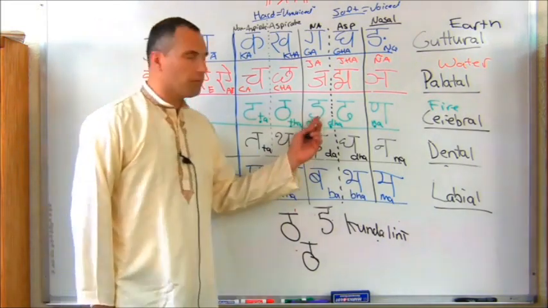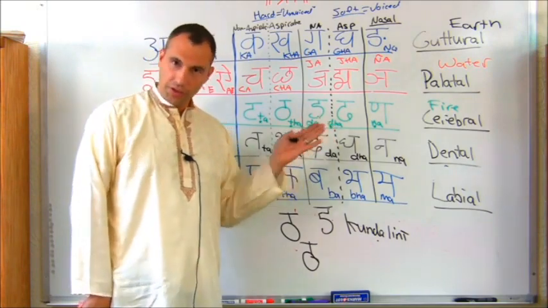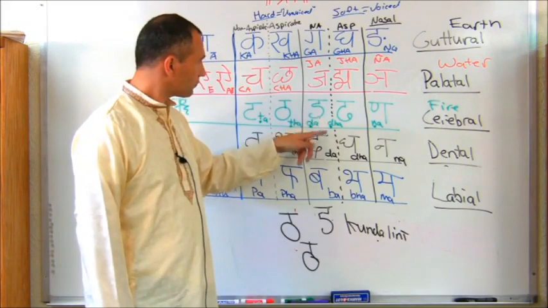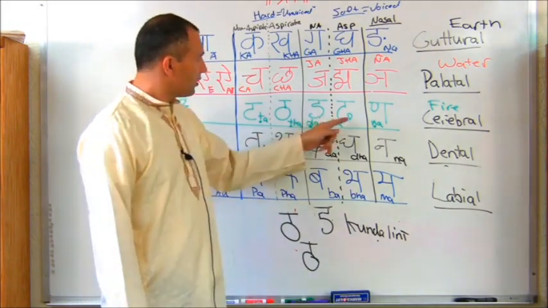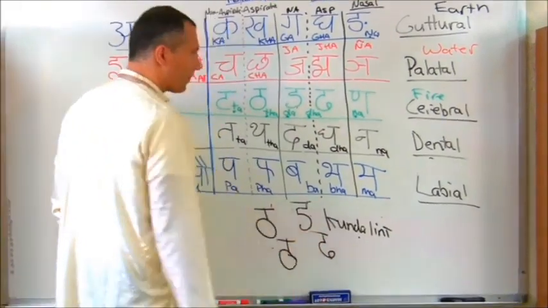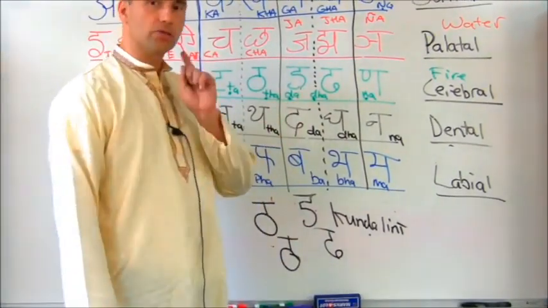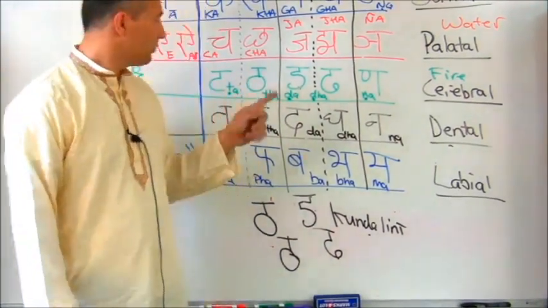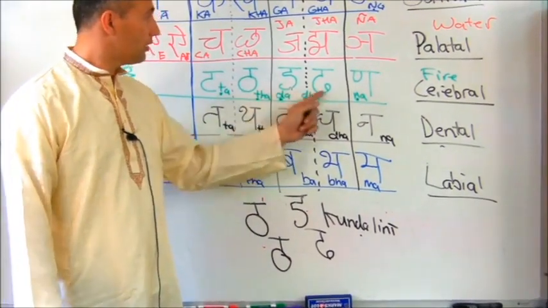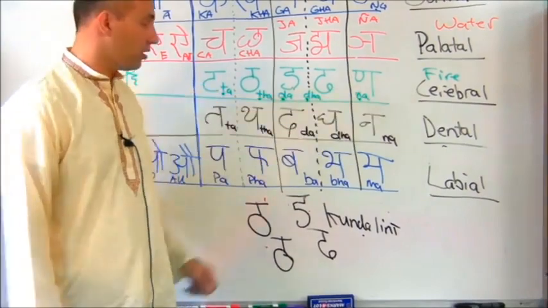All right, and probably my handwriting is not the best. You can see in the font in your book, it's a little different. Okay, ta, ta, da. Here's the letter da. Again, this is a cerebral da, not to be confused with what's coming up, the dental da. Okay, ta, ta, da, da, and na, na.